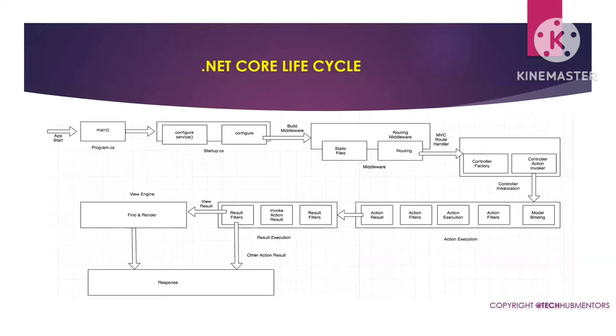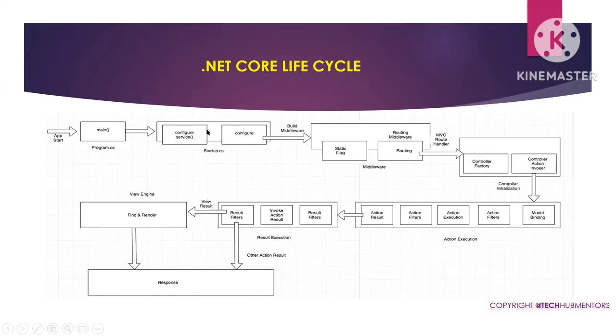Now let's come to the .NET Core lifecycle. Here you can see in the lifecycle, first the application starts. Whenever any request comes from the browser, first the application starts and it goes to the program.cs file, to its Main method. Then from the Main method, it will start creating a host, the web host, do some configurations in it and call the startup.cs file.